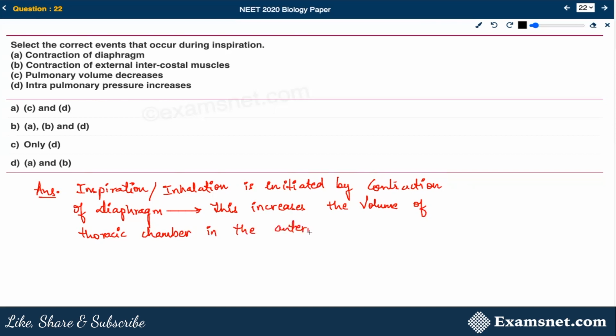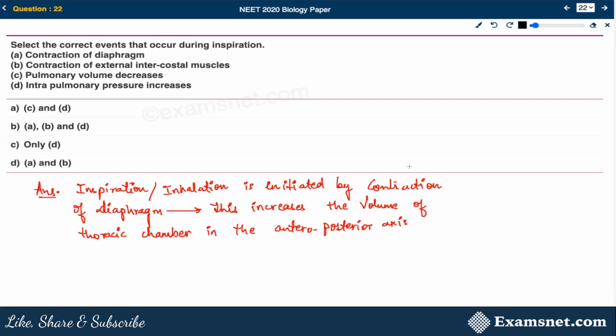The contraction of the external intercostal muscle is also going to increase the volume of the thoracic chamber in the dorsoventral axis as well.